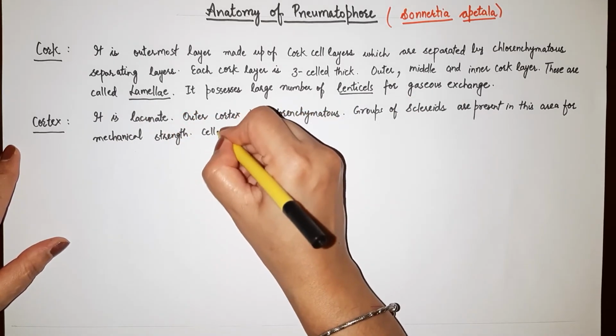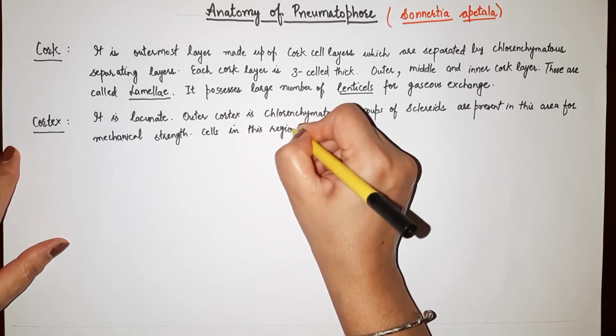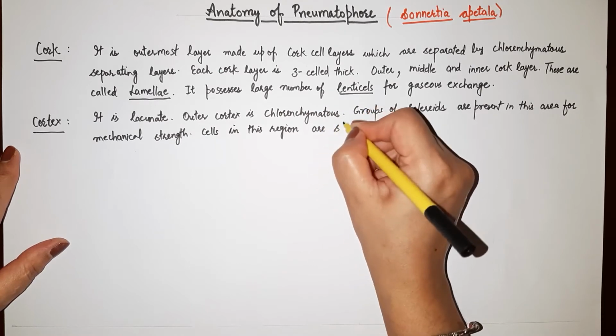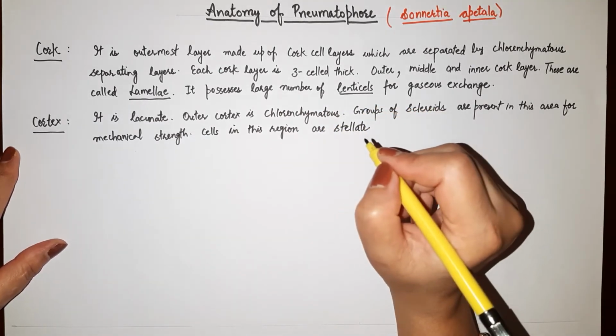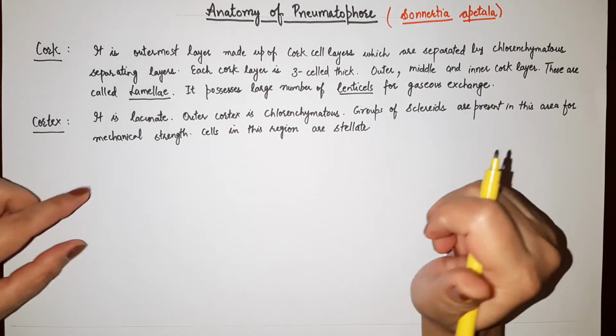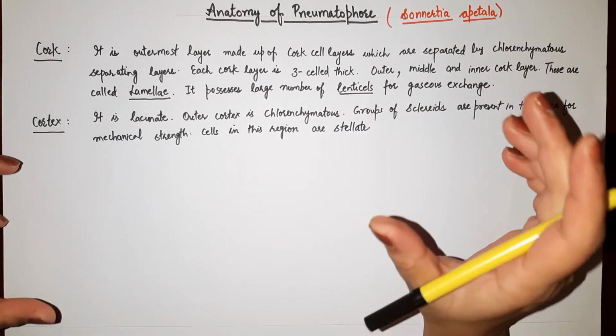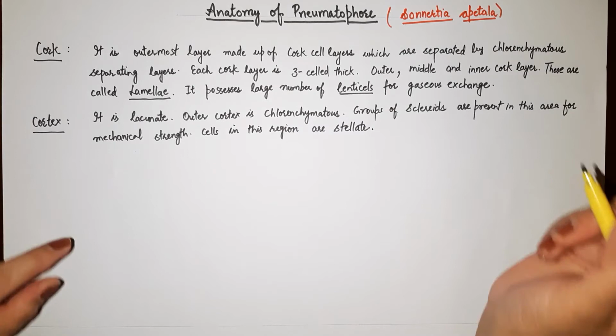And the cells in this region are stellate. Okay, so we will make the radiating star-like structures, the elongated cells around the spicules, so that will give a star-like appearance. So that is characteristic of cortex.